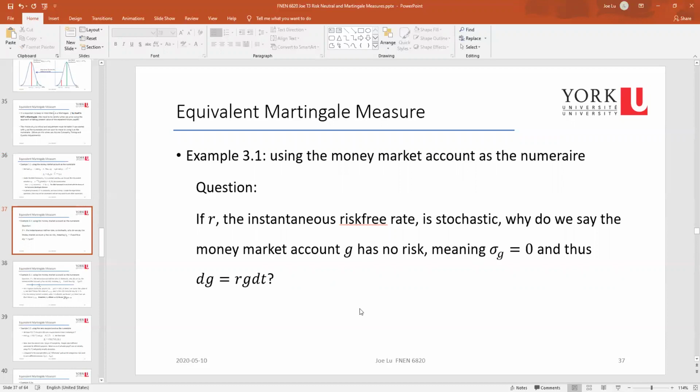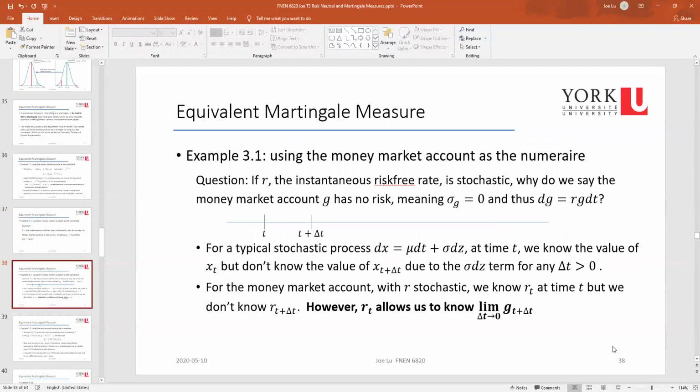So what is the reason? Well, a stochastic process has risk because it has a volatility.